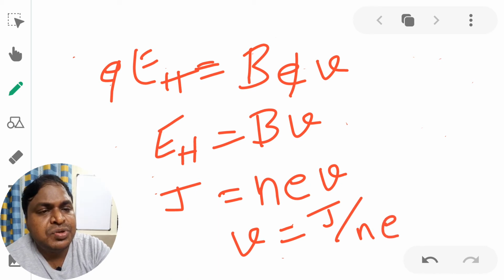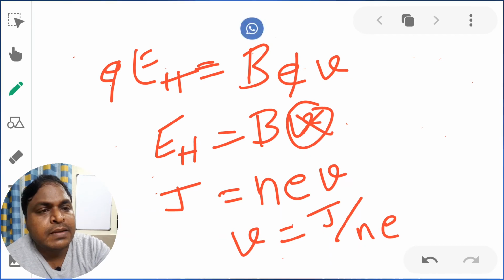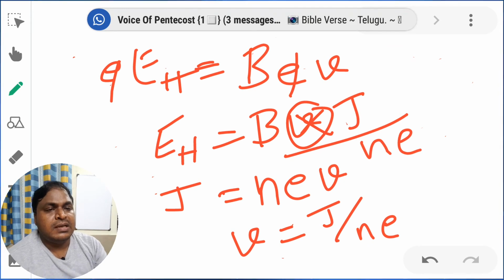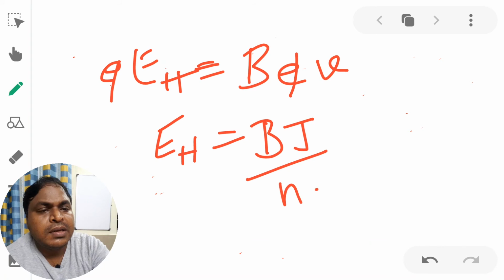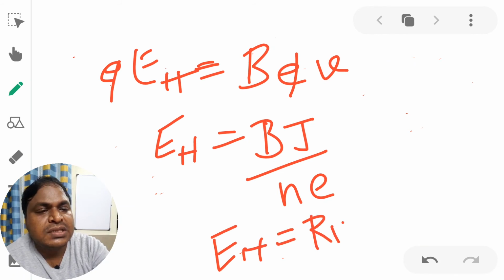So substitute this V over here. So EH will be BJ by ne. Okay, this 1 by ne is nothing but the Hall coefficient, RH into BJ.